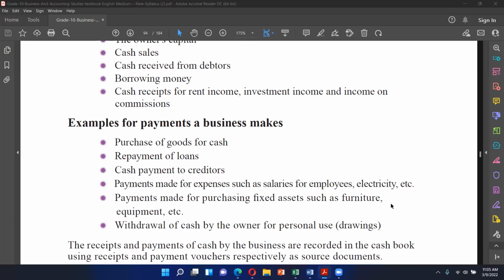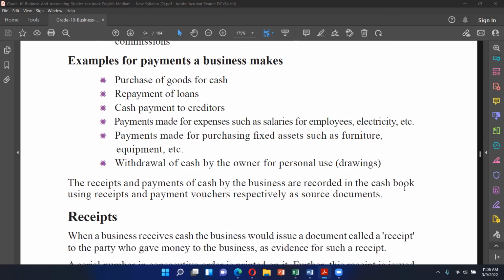All these items will result in a decrease in cash. Cash is an asset, and a decrease in an asset is credit. So all cash payments you record on the credit side of the cash book.